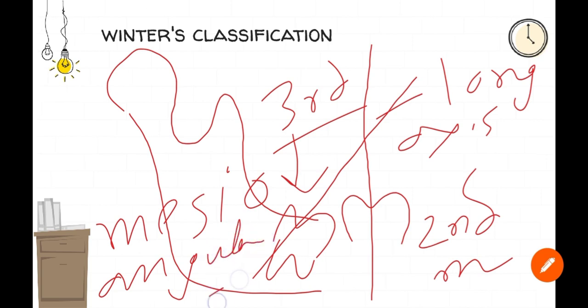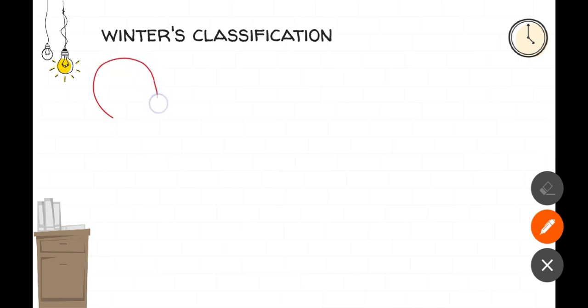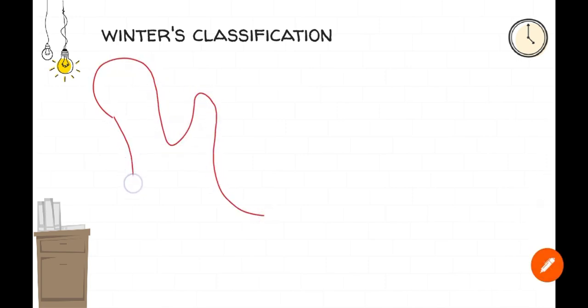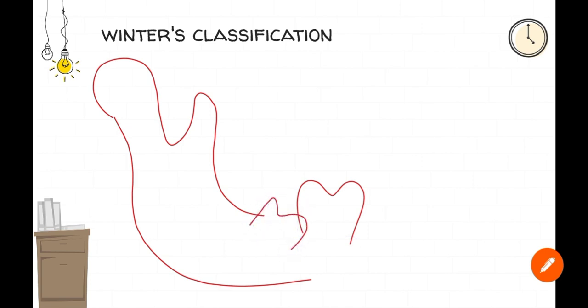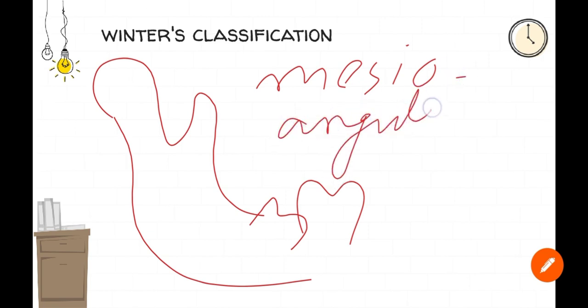Mesioangular impaction. So in this clear picture, this is the mandibular second molar. If the third molar is located mesial to it, it is mesioangular impaction.